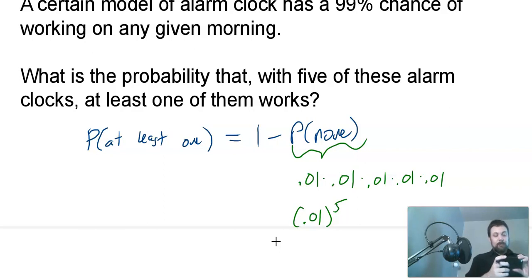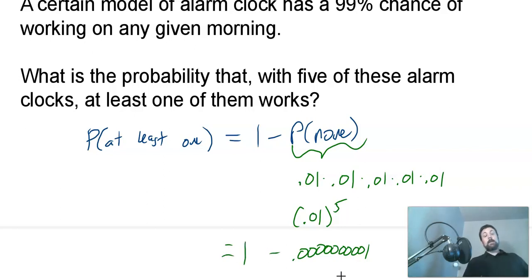So 0.01 raised to the 5th power is going to be how many zeros? 1, 2, 3, 4, 5, 6, 7, 8, 9, right? So it's going to be 0. followed by 9 zeros, and then we hit 1. All right. So that's the probability that all 5 alarm clocks would fail on the same morning.